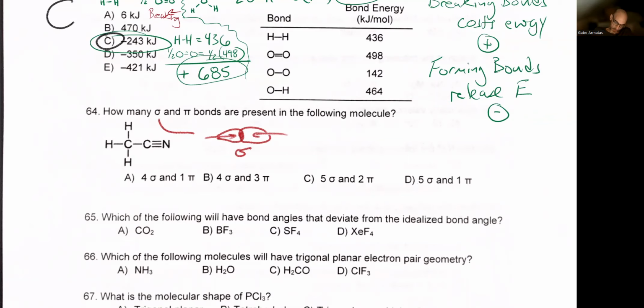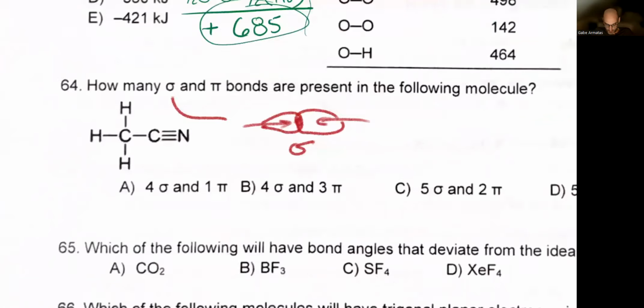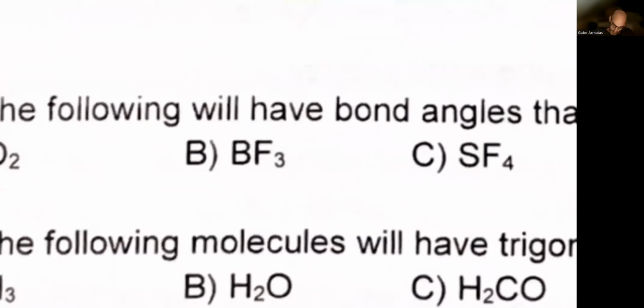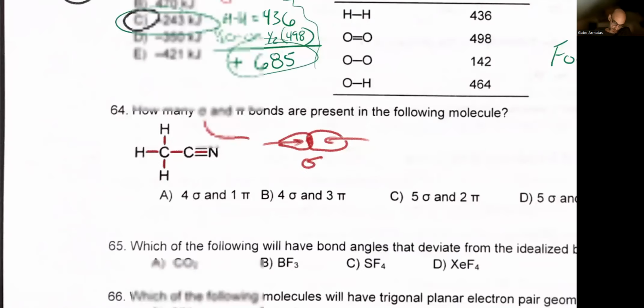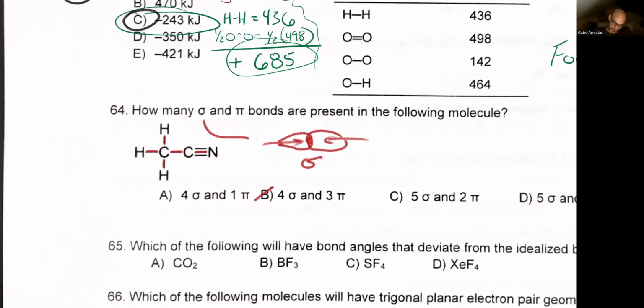So all of the first bonds are going to be sigma bonds. If we look at this structure here, the first bond between every single one of these counts as a sigma bond. So there are 1, 2, 3, 4, 5 sigma bonds. So we can eliminate B and A.